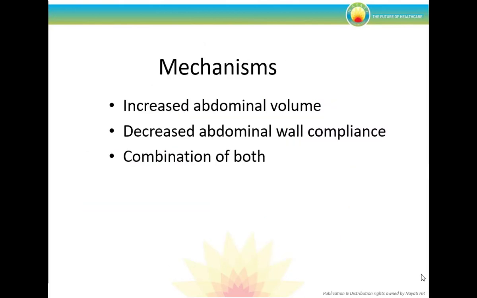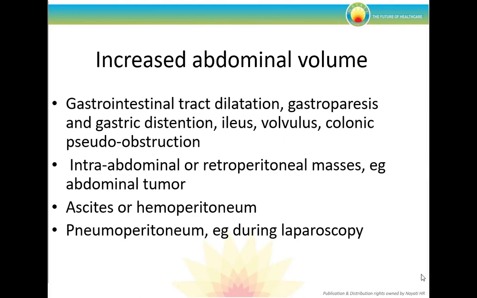So what are the mechanisms by which abdominal compartment syndrome develops? It's either because of increased abdominal volume or because of decreased abdominal wall compliance, or it could be because of a combination of both. So what are the conditions which lead to increased abdominal volume? Patients who have ileus, gastric distension, volvulus, or pseudo obstruction.